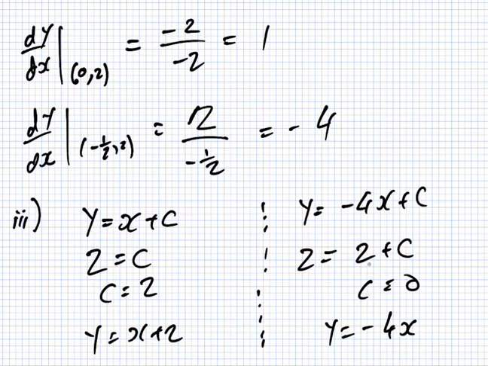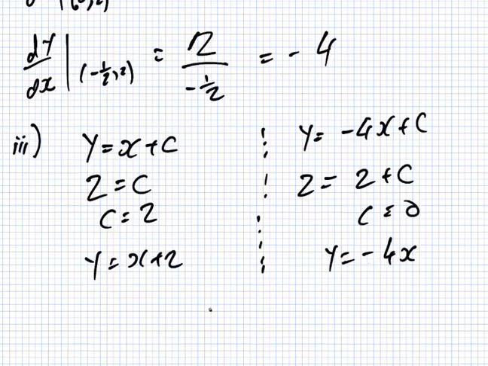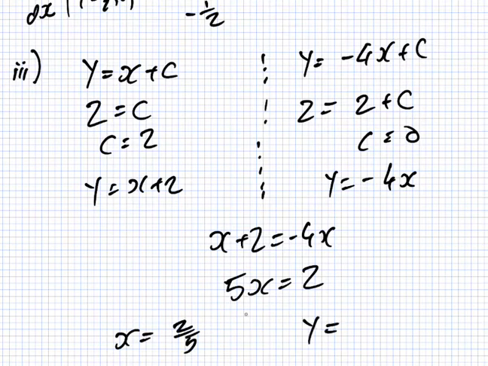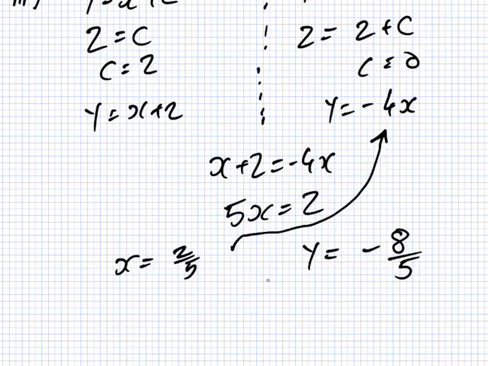Okay. Now, how do I find where they meet? Make them equal. So that means you have 5x equals 2. So then x equals 2 over 5. And we need to find the y. Well, if I just put that back in here, yeah, this will be minus 8 over 5. So they meet at 2 over 5 and minus 8 over 5.